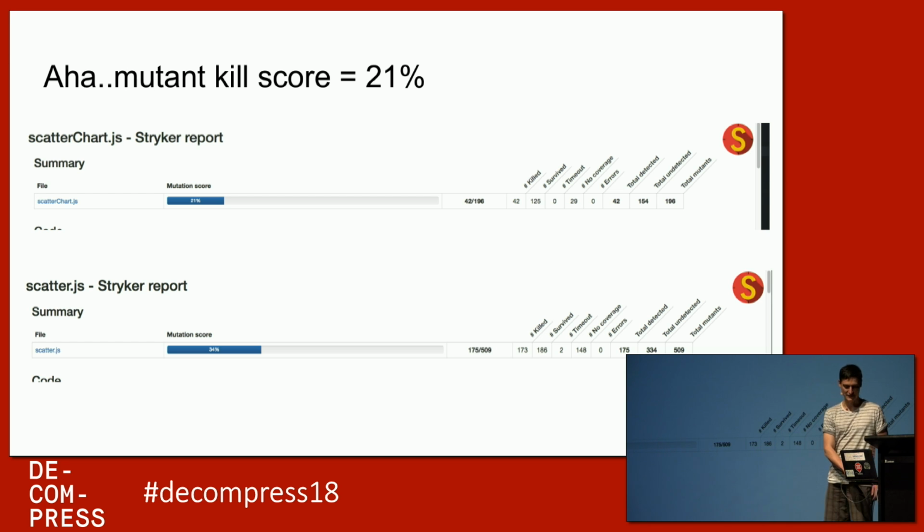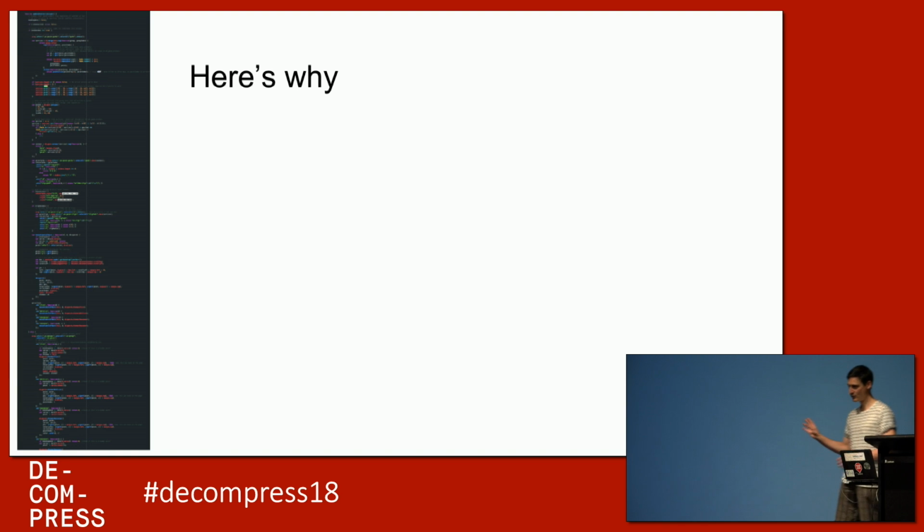To explain this discrepancy, here's what the code for scatterchart looks like. As I mentioned, the code is about 1,000 lines long. 800 lines of that is one mega function. What has happened is the tests have executed that function, it's gone all the way through, and instantly 80%.